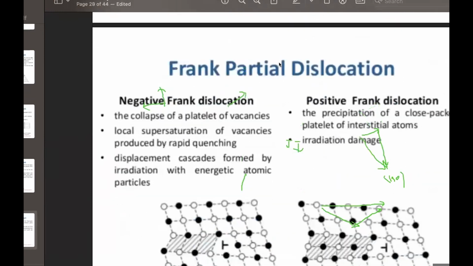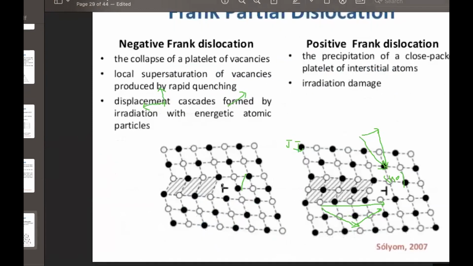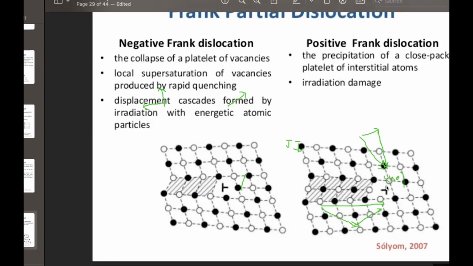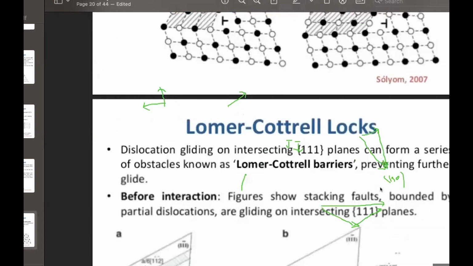We have positive Frank dislocation, depending on the size of the Burgers vector, like the irradiation damage. If we have too much irradiation, like dislocation density is incredibly high, and we have positive dislocation. And if the Frank dislocation is just opposed to the Burgers vector sign, we have negative dislocations.